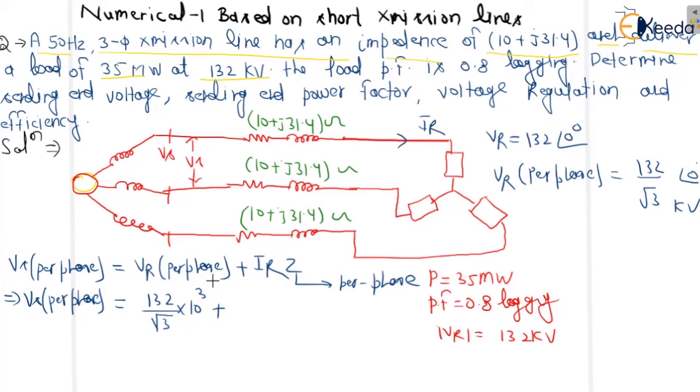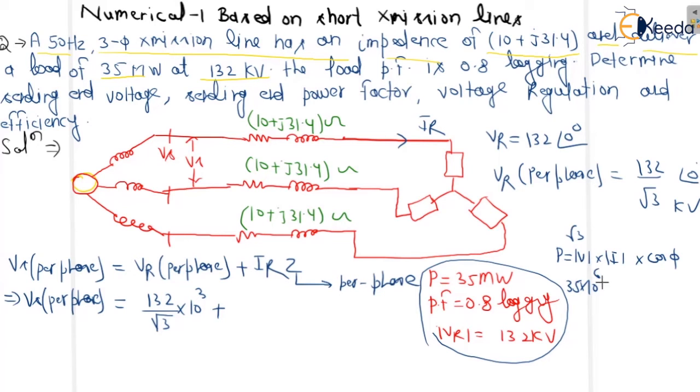We need to calculate the value of IR. All the values have been given, the P value has been given. We know P is V into I into cos phi for single phase, but here the load given is 3 phase, so P is equal to root 3 times V into I into cos phi. So 35 into 10 to the power 6 is equal to root 3 times 132 into 10 to the power 3 into IR into 0.8.